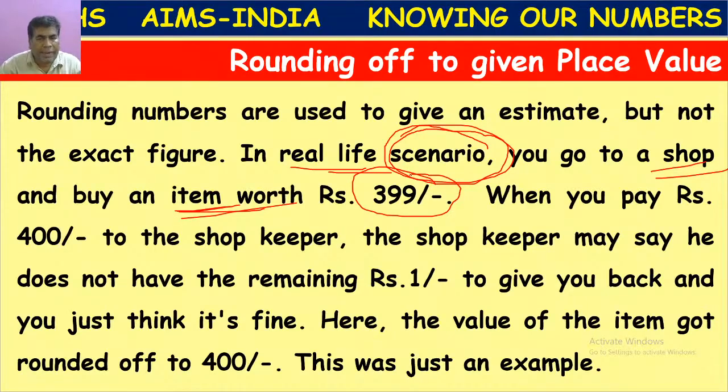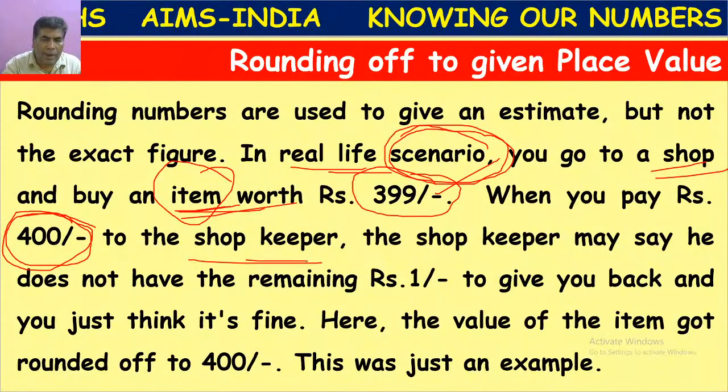But as you don't have exactly 399 rupees with you, what will you do? You will give 400 rupees to the shopkeeper. The item cost is 399 rupees, but you have given 400 rupees to the shopkeeper.